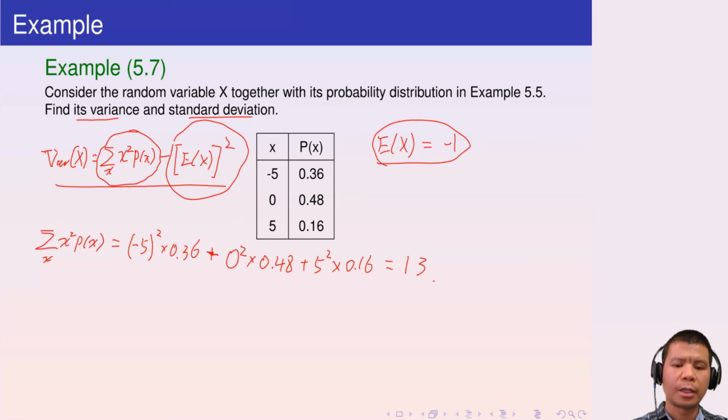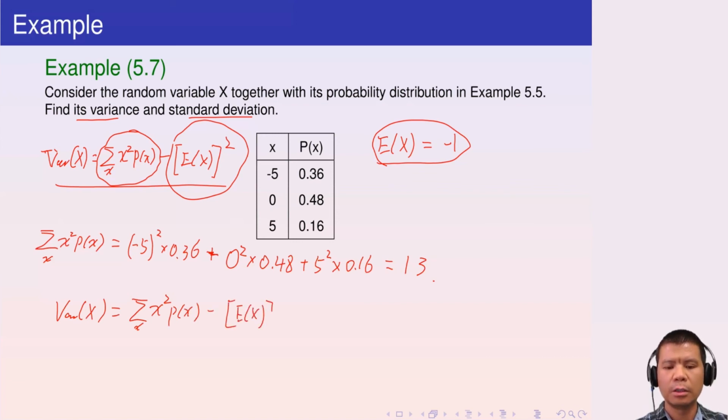Therefore, the variance of x equals the summation x squared p of x minus the square of the expectation, which equals 13 minus (-1) squared, equals 13 minus 1, equals 12.